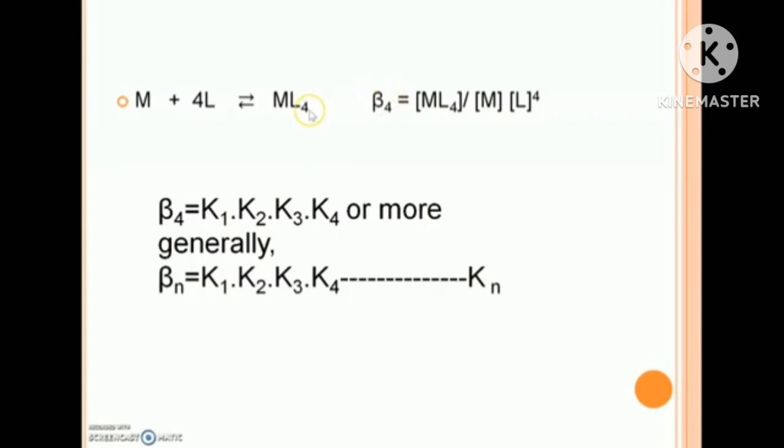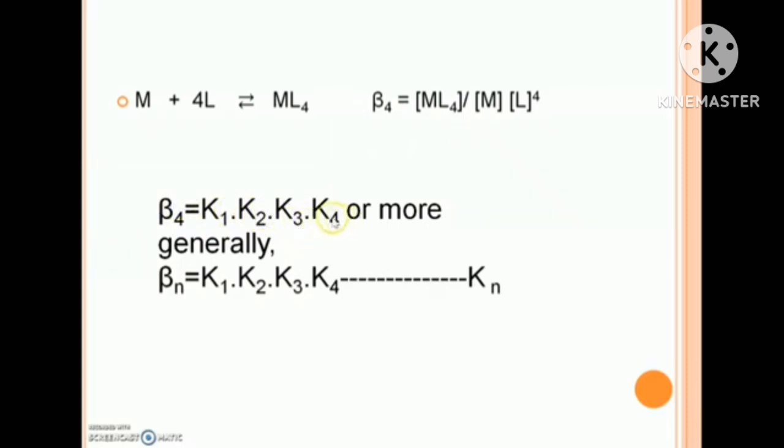Here the 4 steps are there, that's why beta 4 is given, and here beta 4 is equal to ML4 divided by M into L raised to 4. And also beta 4 is equal to K1 into K2 into K3 into K4.